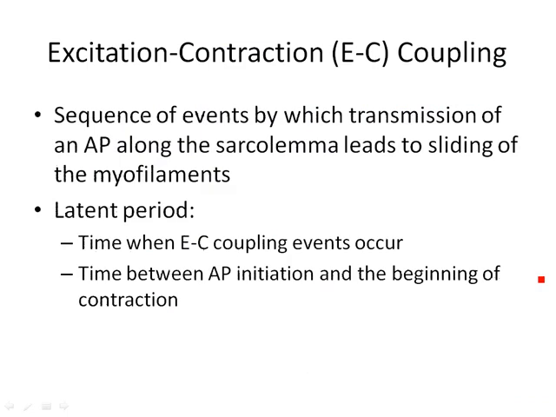Okay, so excitation-contraction coupling. Basically, this is where you bring together, or couple, the electrical event with the mechanical. The electrical event is the action potential, and the contraction is the mechanical event.